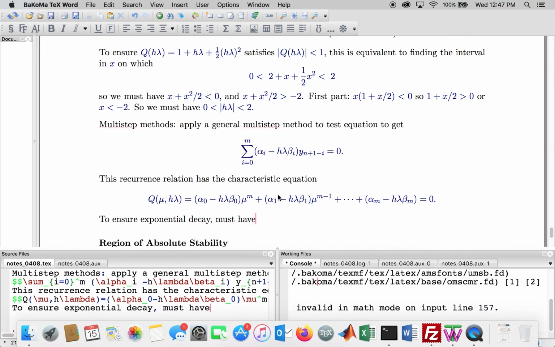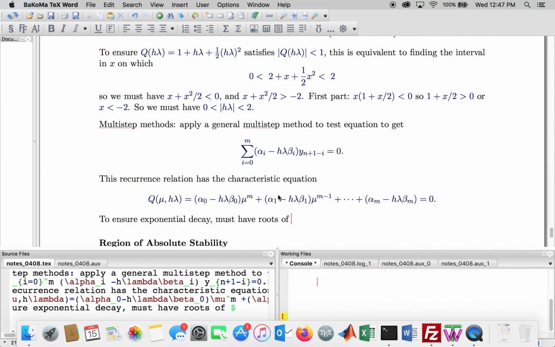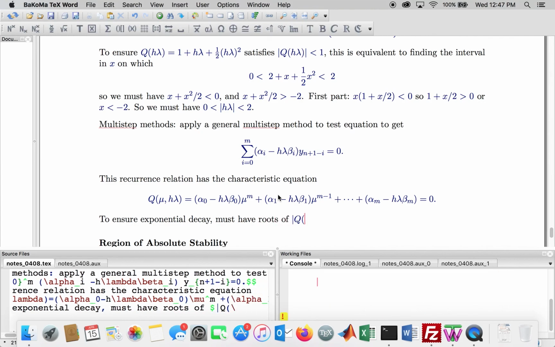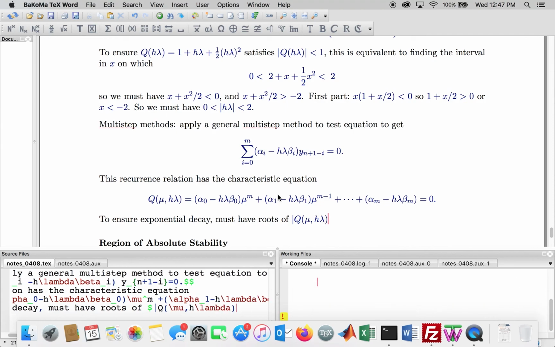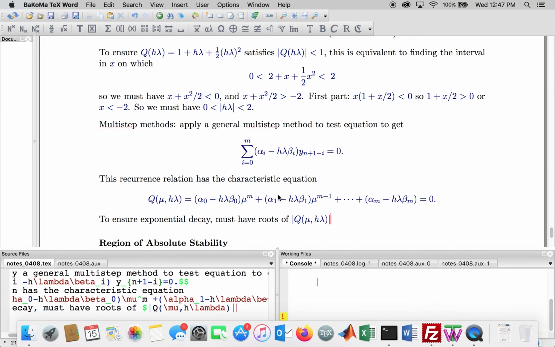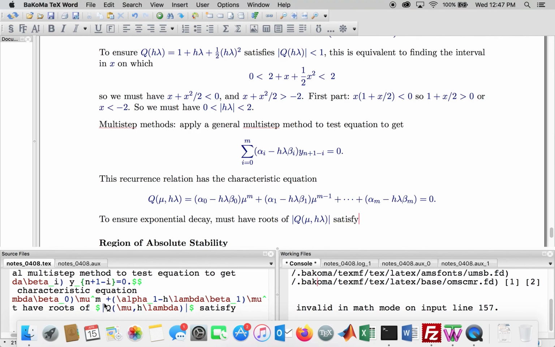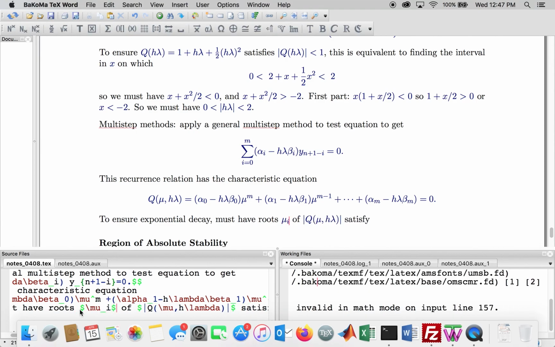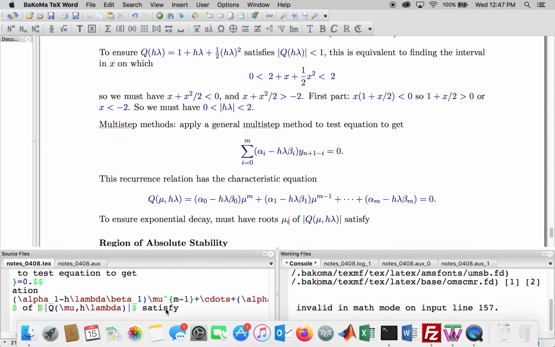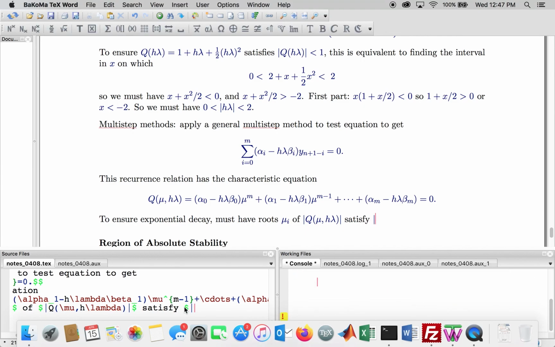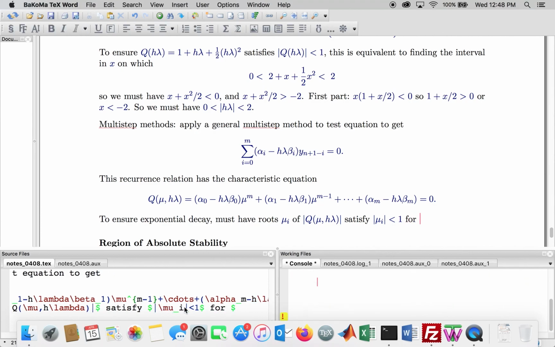We must have all the roots of q of mu, h lambda, and I'll call these roots mu i, be less than 1 in magnitude.